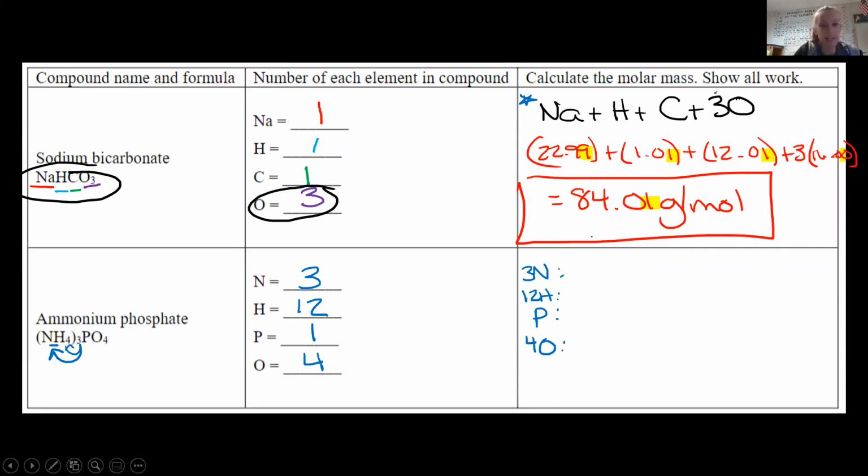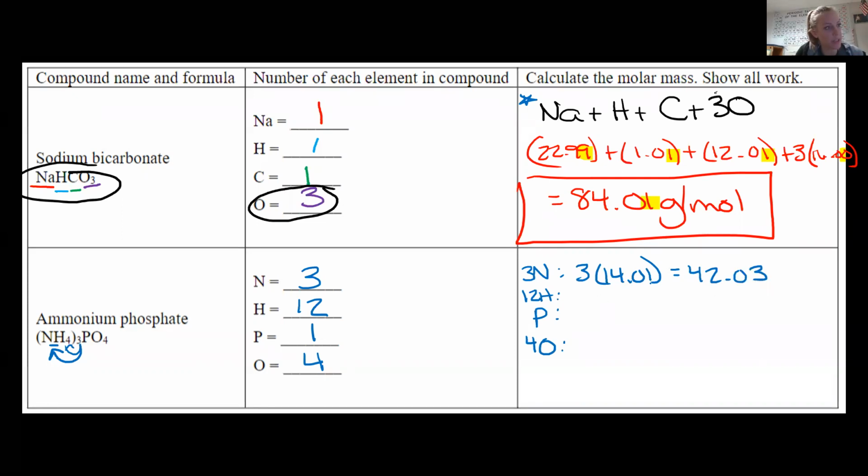Okay. So 3 times N means we're doing, and you did that perfectly. So thank you, Ashreet. 3 times N is 3 times the 14.01. So let's see. Katie, where did that 14.01 come from? The atomic mass on the periodic table. Beautiful. So that ends up being 42.03 when we round it because we are keeping 4 sig figs because that's what we started with.